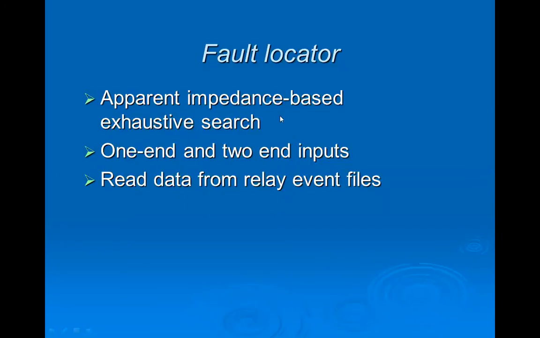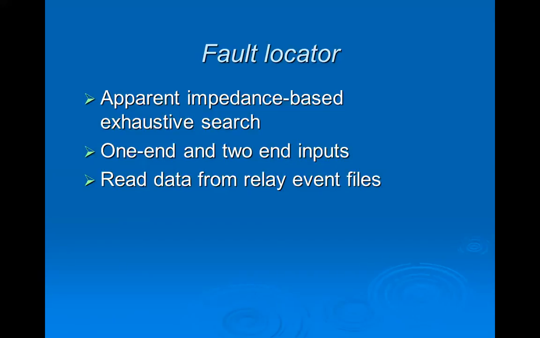First, the comparison that the program is performing is not based on just the voltage or the current, but actually the comparison between the simulation and the actual value is done based on the apparent impedance measured between the recorded position and the fault, and the impedance is being used for the matching.